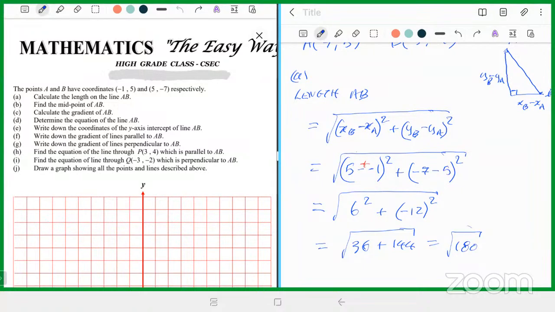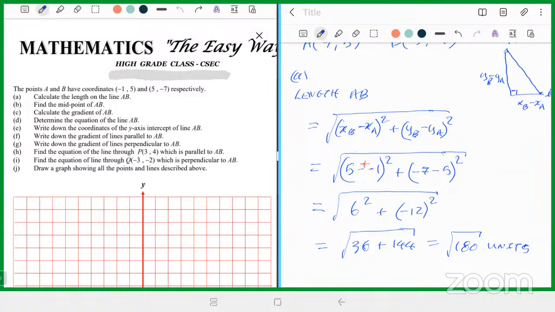If you like, you can put it in a calculator and it can give you a reduced form of what this is. The calculator can do it for you. I also can give you the answer as a decimal, because the answer is not going to be exact, because that's not a perfect square number. I can leave it like that and just put the word units, because in coordinate geometry, the unit of measurement is units.